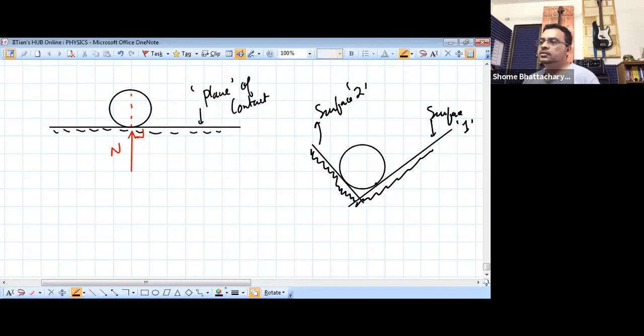It will always act perpendicular to the plane of contact. So it will act along this line. The normal reaction applied by this surface on this will act along this line which is perpendicular. Similarly, the normal reaction applied by the other surface at this point of contact will act along this line, which is again perpendicular to this surface. It will act like this.